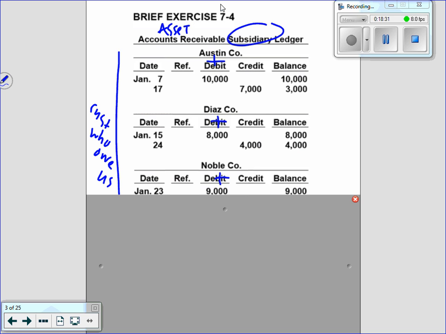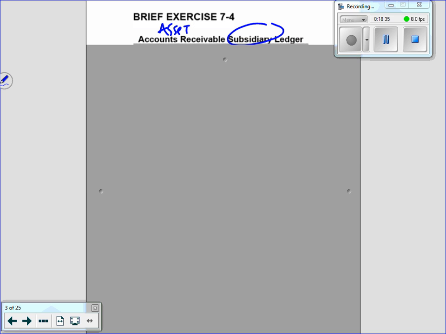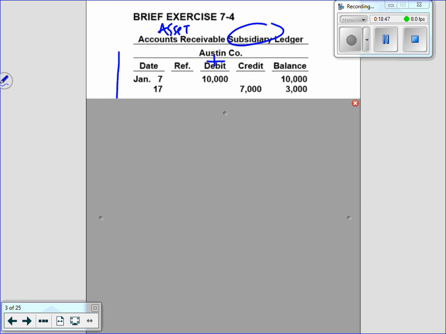We hope they're going to pay us. And that's the job of the AR department, to be on these customers to pay. Did Austin pay all of his bill? No, it did not. Austin paid a majority of the bill, but still has a remaining balance of 3 grand because it's got a balance of 10, paid 7 to equal 3.